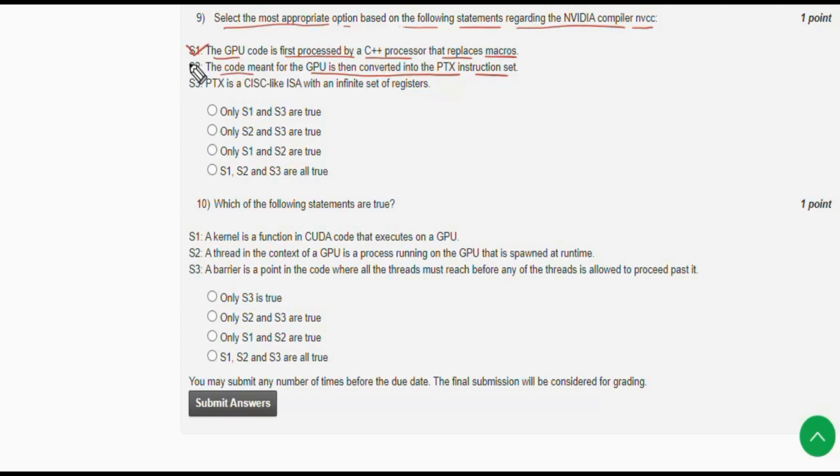Statement 3: PTX is a CISC like ISA with an infinite set of registers? No. PTX is a RISC like ISA. Okay, so that is false. That means S1 and S2 are true. Okay, so I select that one.